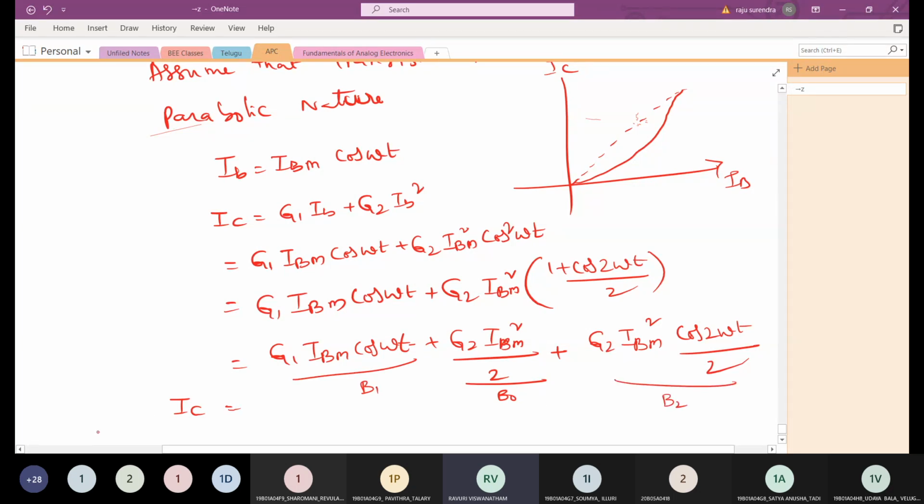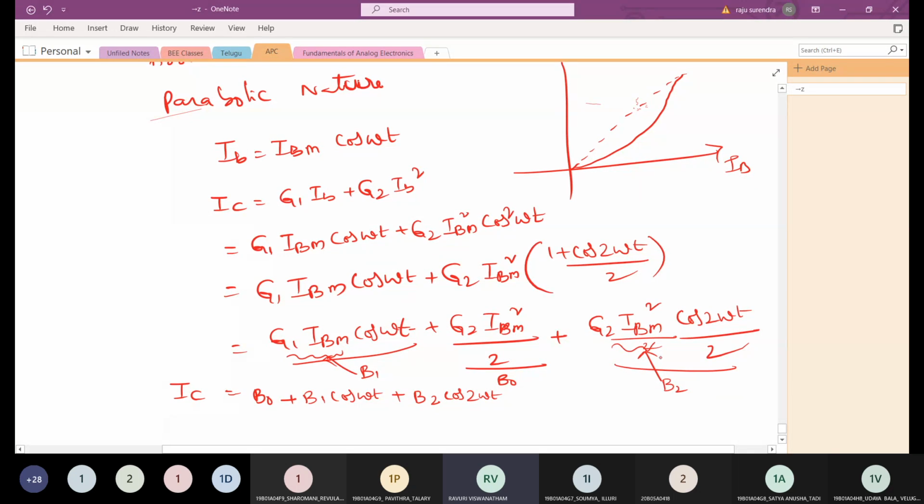Now we can represent this as B naught plus B1 cos omega t plus B2 cos 2 omega t. Here B1 is nothing but G1 multiplied by IBM, and the 2 omega t is the second harmonic term.